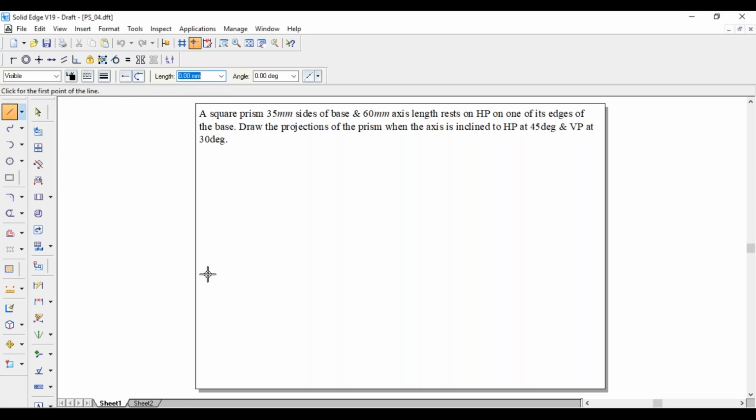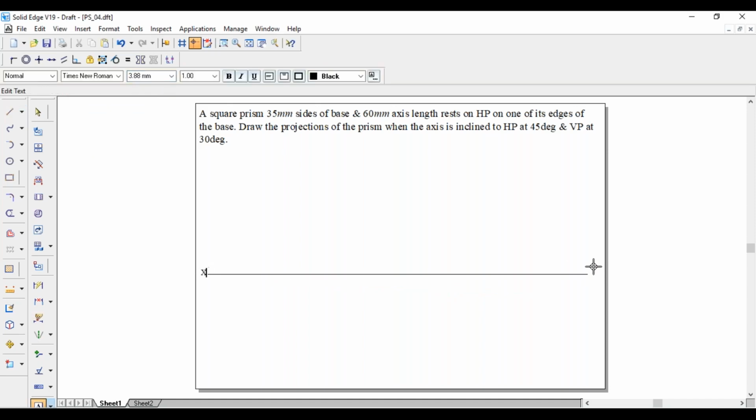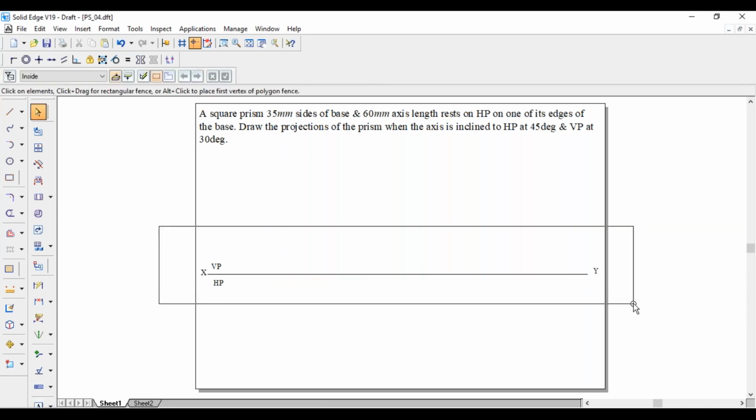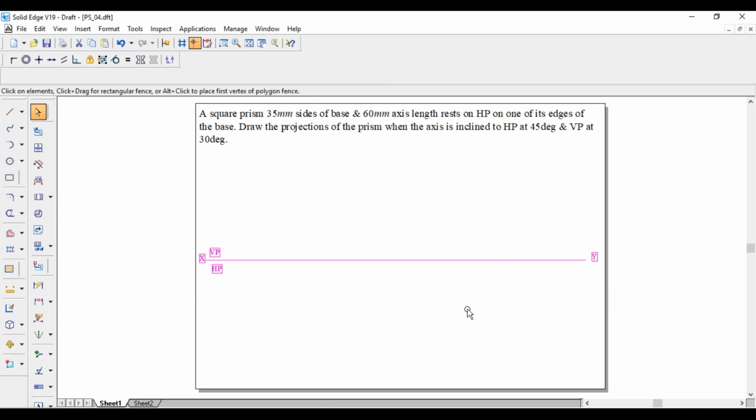Draw the horizontal line. Name it as XY, VP HP. Now construct a square in HP.